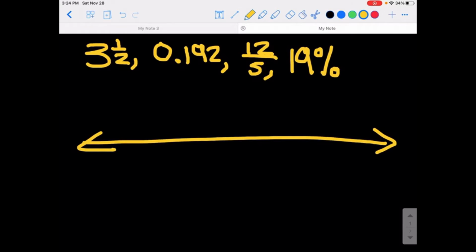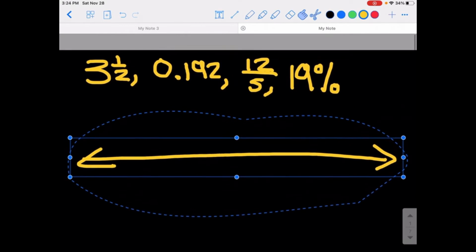The easiest one is to convert all of them into decimals. In another video, a couple of videos ago, we talked about how to convert between fractions, decimals, and percents. So it would be nice to refer back to that video. This way you actually know how to convert between these units.